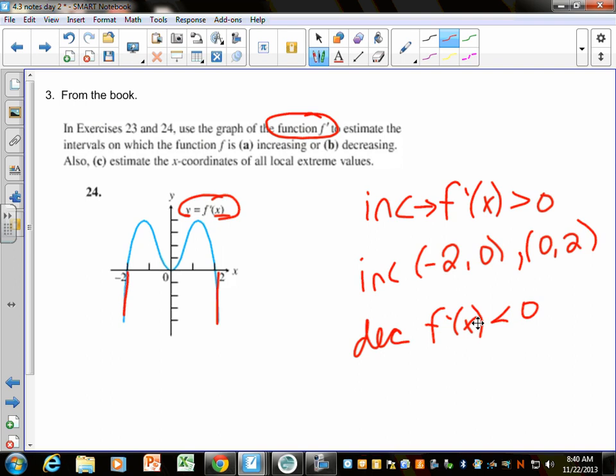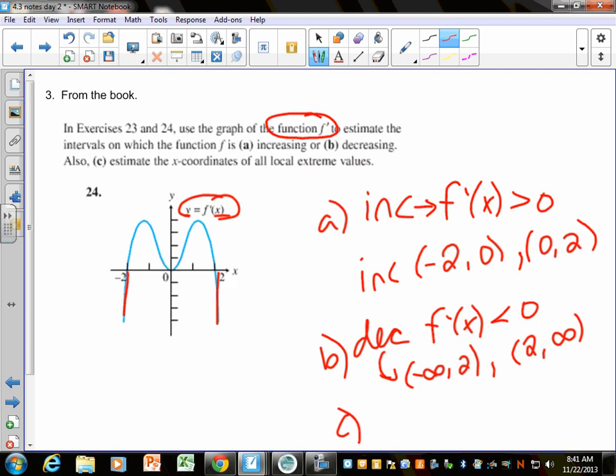Or could I say that it's decreasing from -infinity up to 2 and from 2 to infinity? And then, so this is part A, this is part B.